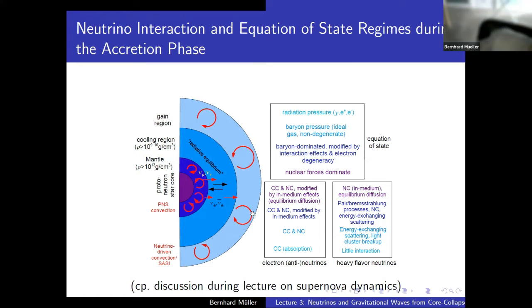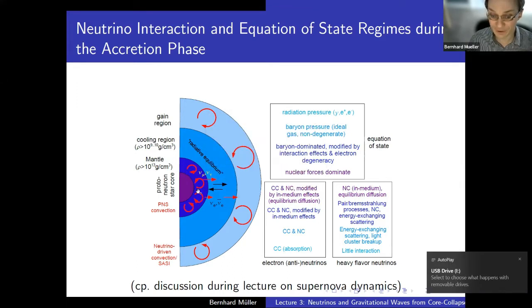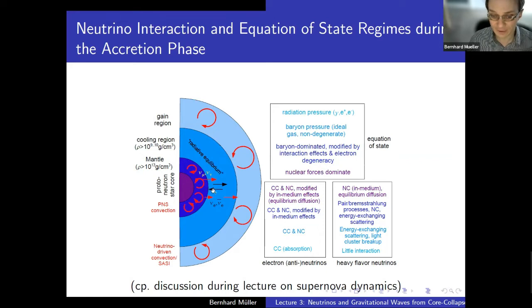And what that means is that on time scales, what all of this picture means really, what physics of the neutron star is responsible for shaping the neutrino signal depends somewhat on the phases of the supernova that you're looking at.